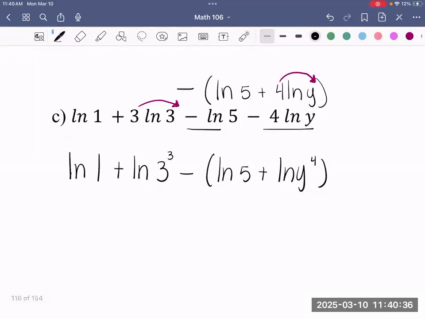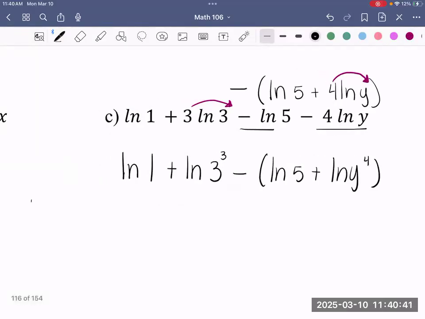Now, looking at ln of 1, we haven't seen this property yet, but can you go ahead and swoop for me? And I'm just going to put my variable x here for a second. So if we were to swoop, this is just saying that we have e to the x is equal to 1. So what does that make x? Well, that makes x 0, right?